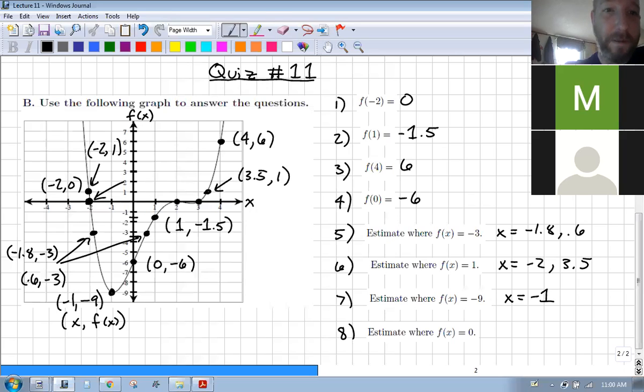This one, and this one. X could be negative 2, it could be a positive 2, or it could be a 3. All right, because if you plug any of those into our function, we're going to get back 0.